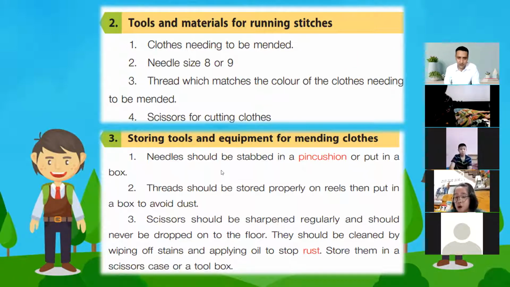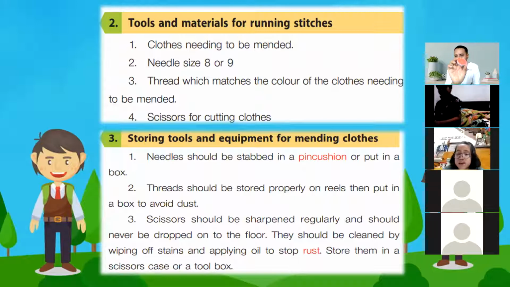If you have a pincushion, you can put them in that, or they should be stored in a box. Can you see on the screen, students? In this needle box you can store the needles, so they won't disappear or drop here and there, and won't hurt anybody.